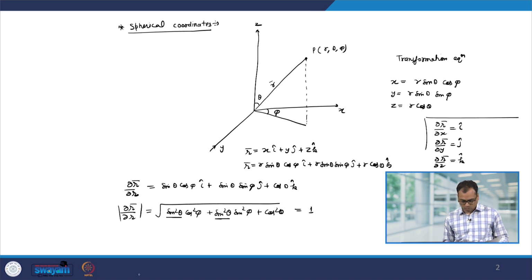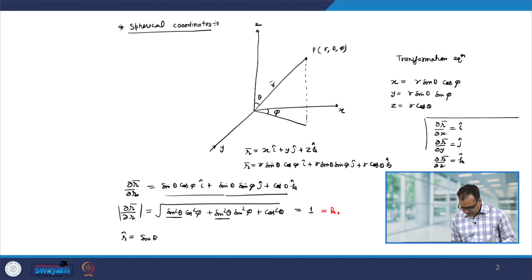Therefore, this is also 1, and this is our h1, and r cap is sin theta cos phi i plus sin theta sin phi j plus cos theta k.